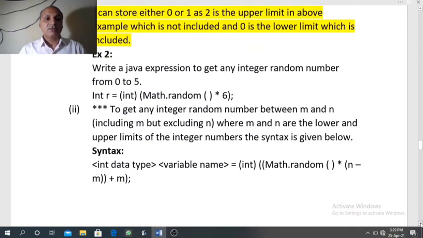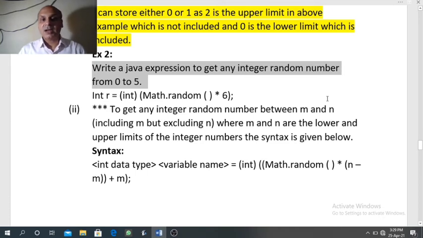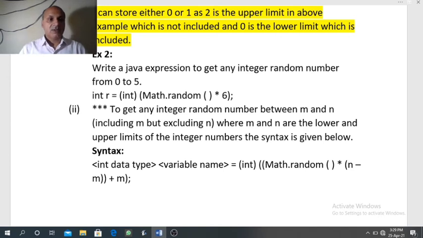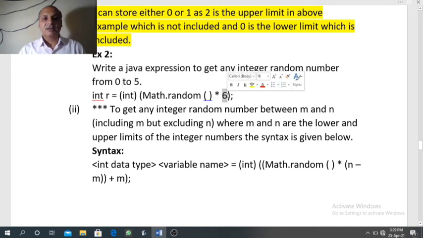Now one more example for the same function. Write a Java expression to get any integer random number from 0 to 5. It means we can get any number from 0 to 5, that is 0, 1, 2, 3, 4, 5. So the example is the same. Integer variable here, typecasting int. Now Math.random() * 6. We want to get 0 to 5, but I have written 6 here.